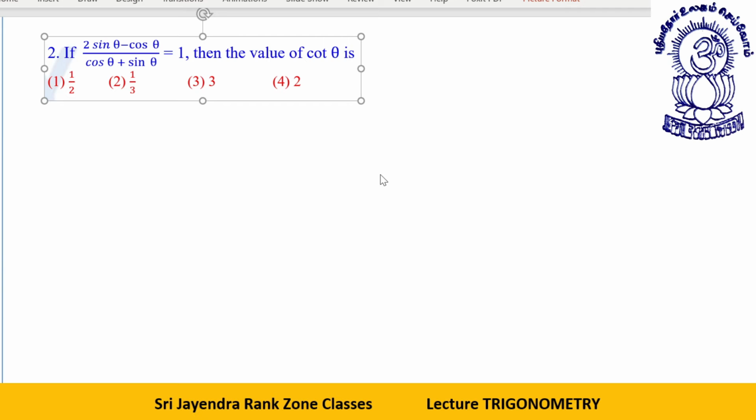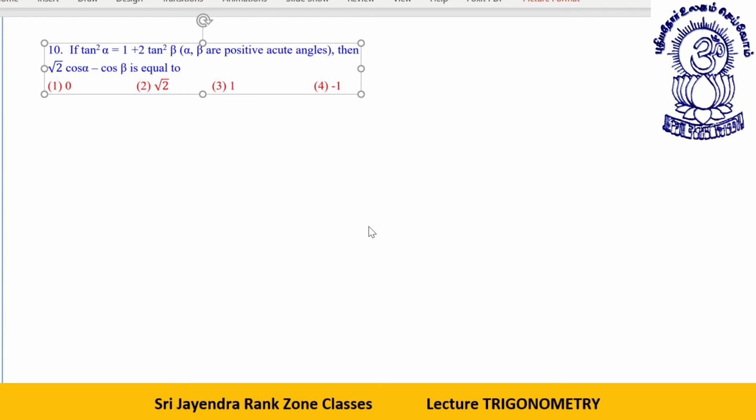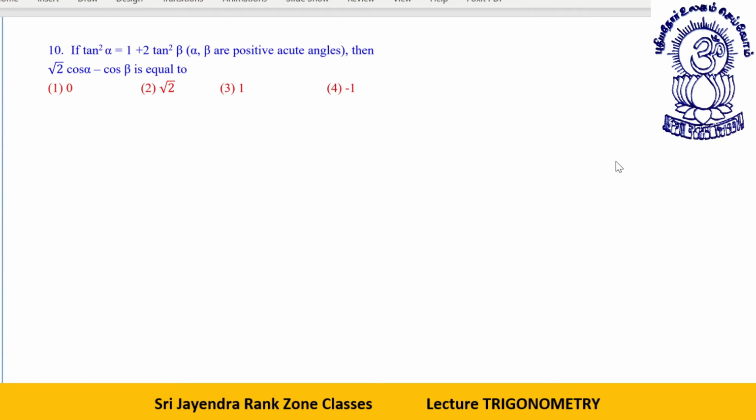Next question is tan square alpha is equal to 1 plus 2 tan square beta. You have to equate this. So let's start. Put this as 0.